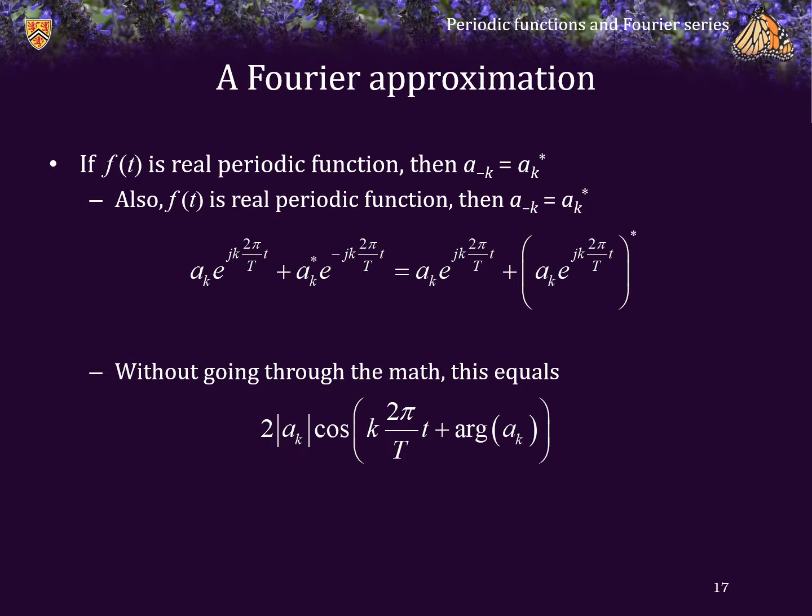And the phase shift is the argument or the angle of the calculated coefficient a sub k. So immediately from the coefficients a sub k, we can calculate the amplitude and the phase shift. That's actually very convenient because now you actually understand how much this cosine is shifted away from a pure cosine.